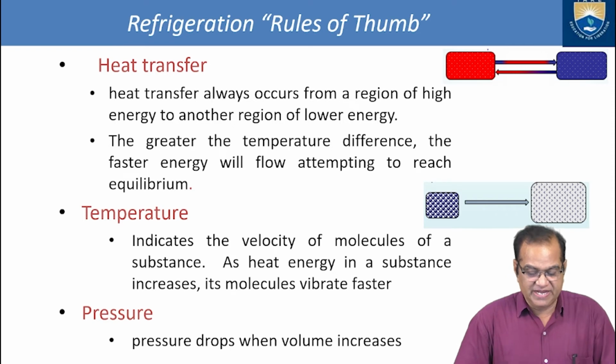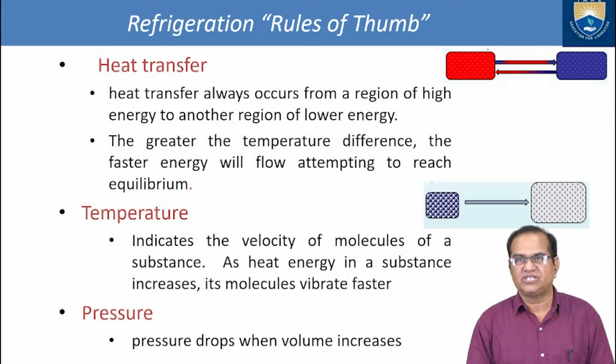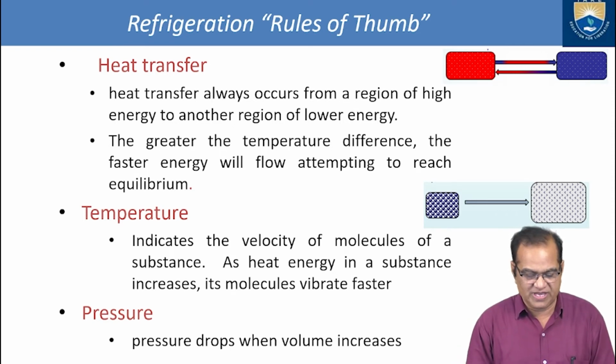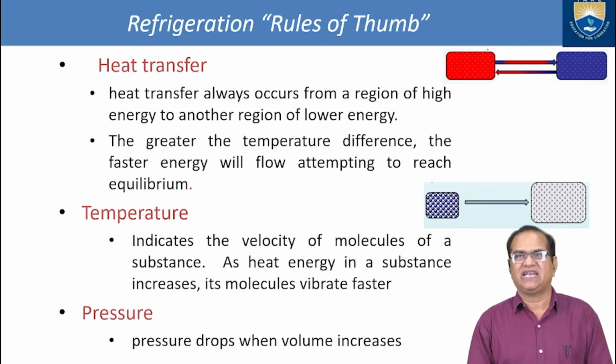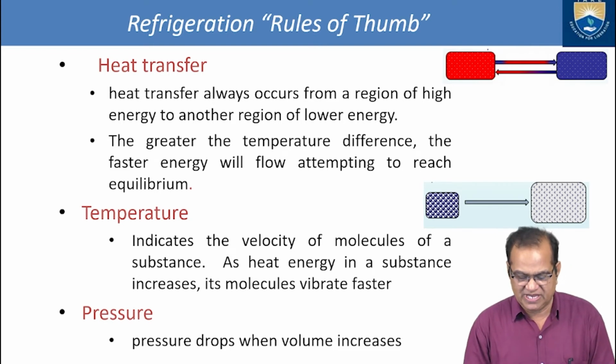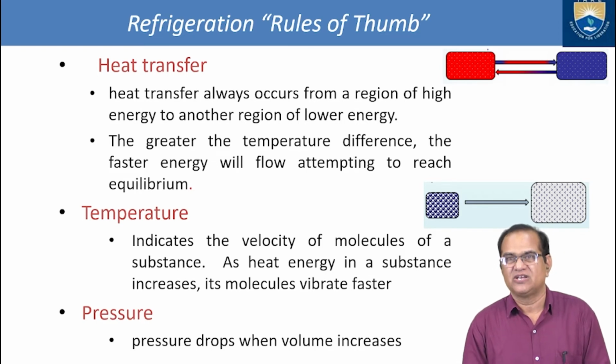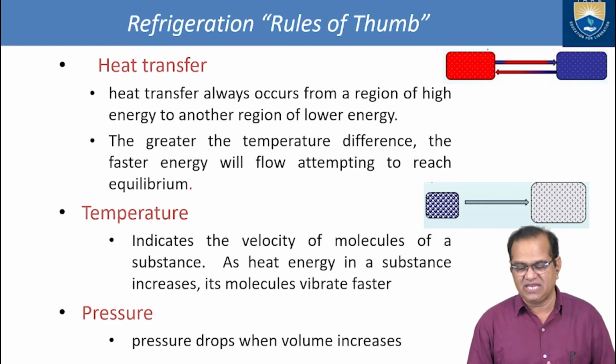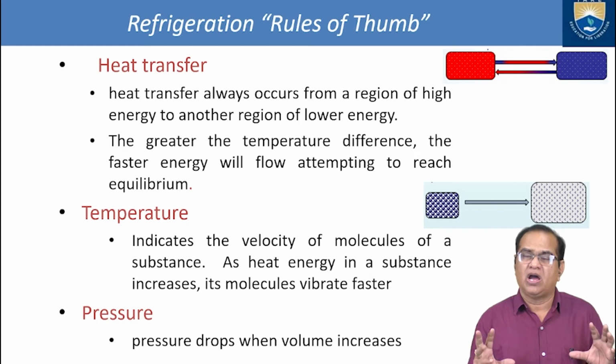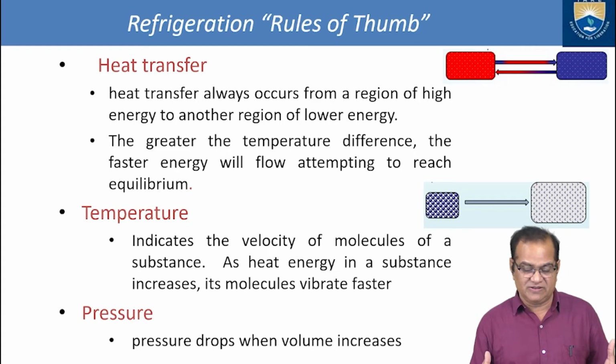Temperature indicates the velocity of molecules of a substance. As heat energy in a substance increases, its molecules vibrate faster. So if the temperature is high, the molecules will vibrate very fast.